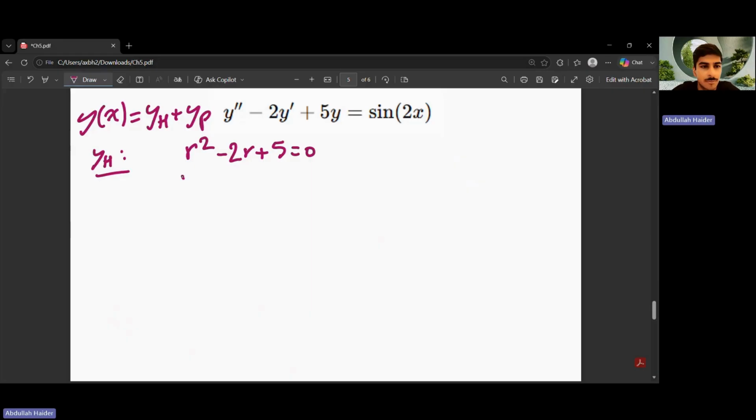You have the roots. R1 is equal to 1 plus 2i, and R2 is equal to 1 minus 2i.